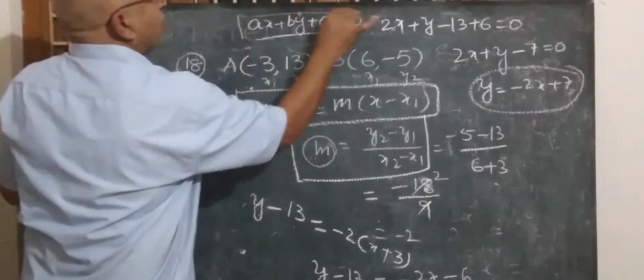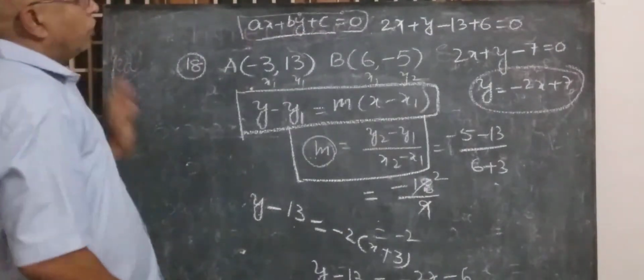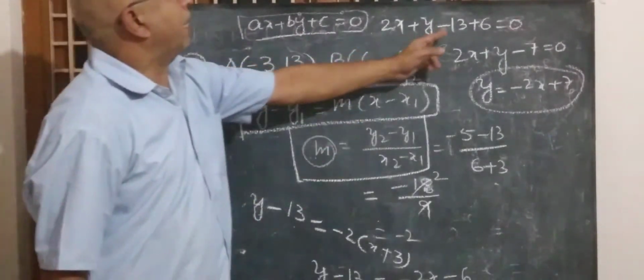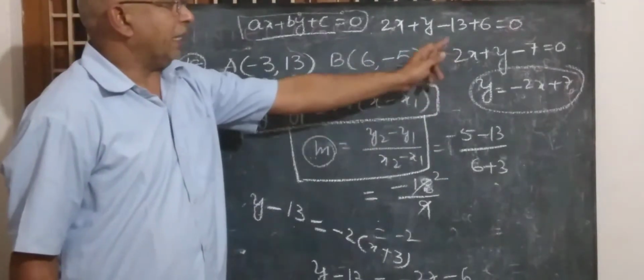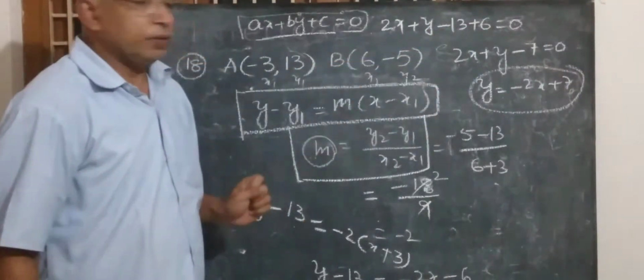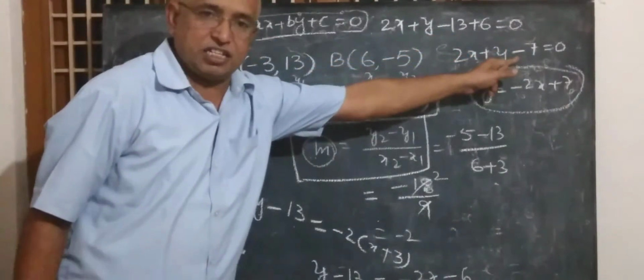This one is the equation in the form ax plus by plus c is equal to 0. So write 2x plus y minus 13 plus 6 equal to 0. 2x plus y minus 13 plus 6, so minus 13 we add plus 6. The result is minus 7.